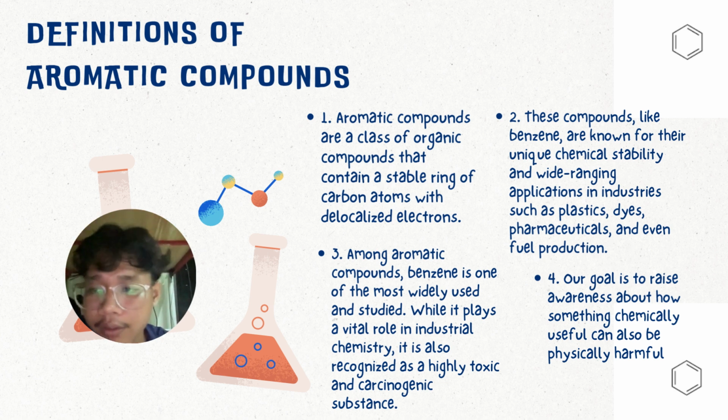However, behind their chemical usefulness lies a serious concern: toxicity. Among aromatic compounds, benzene is one of the most widely used and studied. While it plays a vital role in industrial chemistry, it is also recognized as a highly toxic and carcinogenic substance.